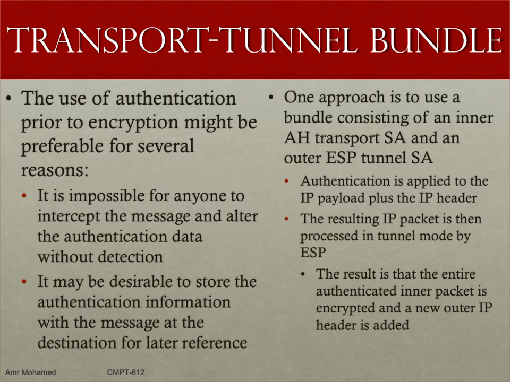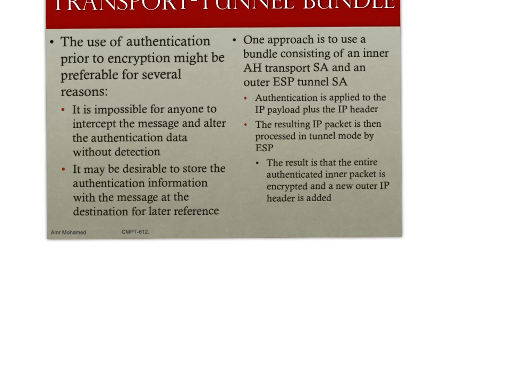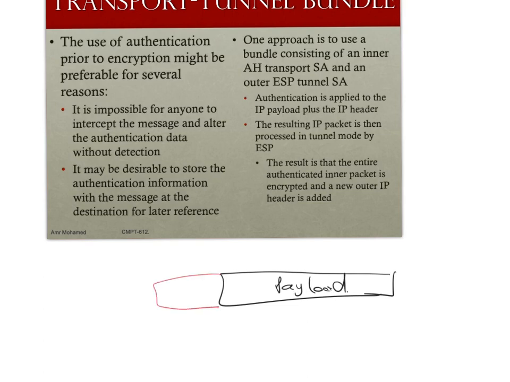Transport tunnel bundle, which is a bit even more complicated. So this means that we can technically have the payload, okay, and then we add ESP in transport mode, okay, and then we have the original IP, and then after this we have AH.